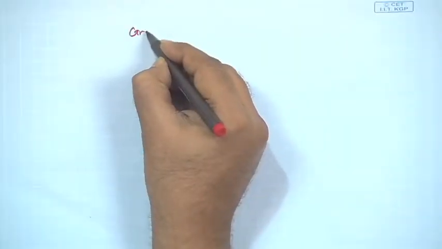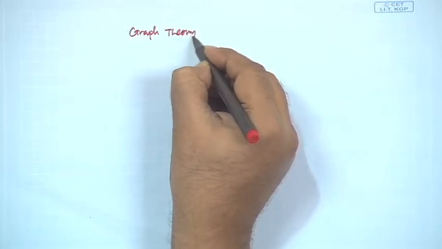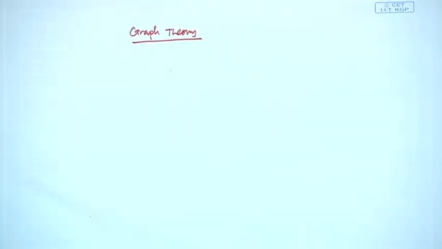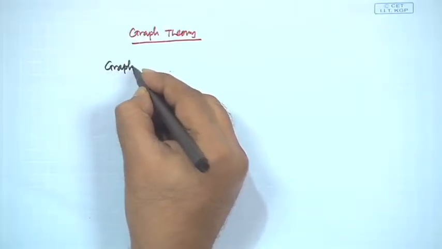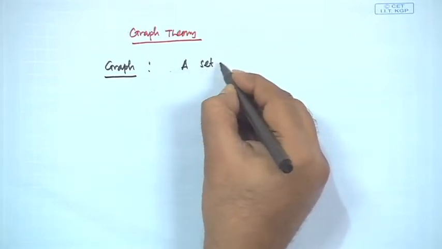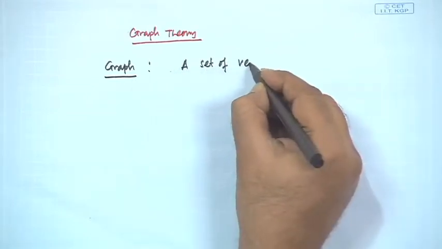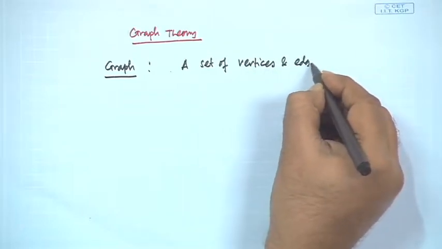edges, right. So if I look at this essential concept of graph theory, then we say that a graph is a set of vertices and edges.